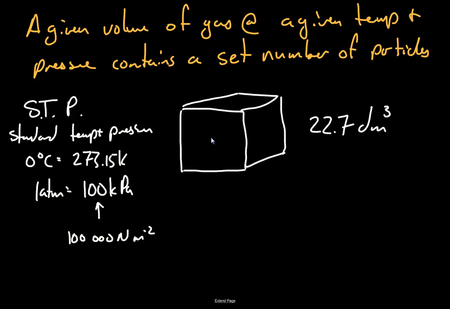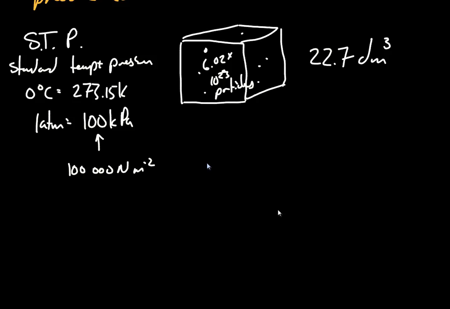And so what we say then is that any gas that's acting ideally will have 6.02 times 10 to the 23 particles in there. I used to know exactly how they calculated this number, but I totally forget now. I think it was something like electrical deposition of atoms onto metal, but I can't exactly remember.